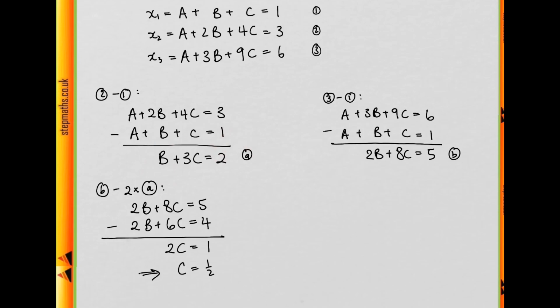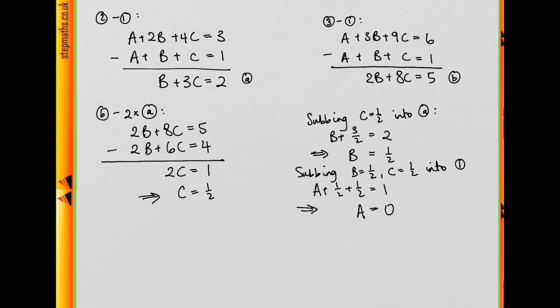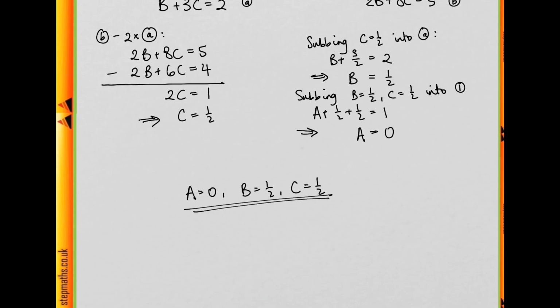If I use equation a, then I'm going to get b plus 3 times a half equaling 2, i.e. b is equal to a half. And then if I use equation 1, I'm going to have a plus a half plus a half is equal to 1, and so a must be equal to 0. So our final values of a, b, and c are a equal to 0, b equal to a half, and c equal to a half.